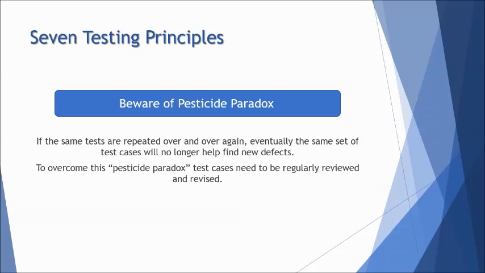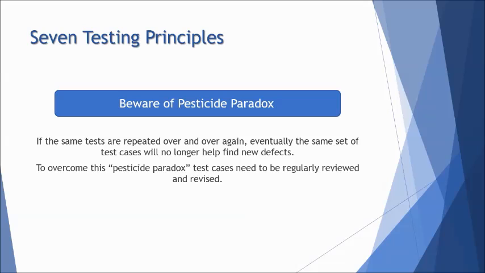Now, of course, we say in pesticide paradox that it is possible that your test cases are not sufficient or efficient enough to find defects. Not necessarily that your module doesn't have any defect. It is also possible that the test cases you have written are no longer good enough to find any defect in the module. So instead of repeating the same test cases again and again, you may think of revising them or writing some new test cases which would help you find different defects.